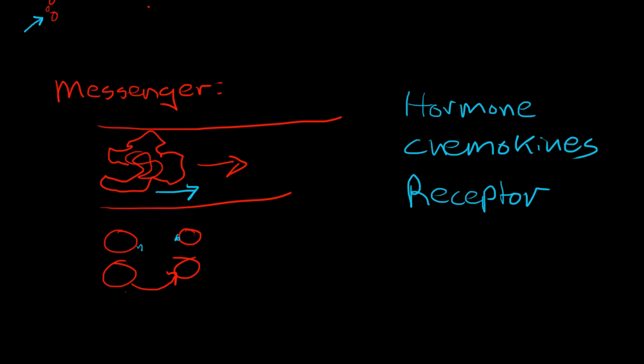So you got a carrier protein here going from one cell going to another. So that would be a chemokine or a paracrine type of messenger protein. Now again, these tend to be globular shaped, and they dissolve in the plasma or the intracellular fluid and carry a message from one cell to the next.